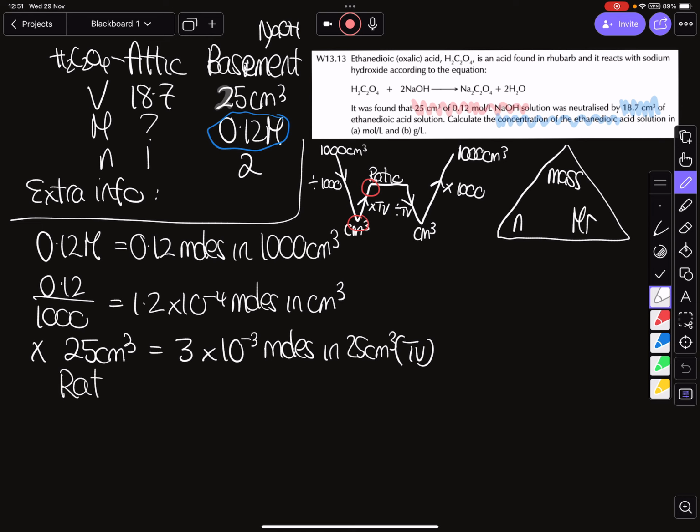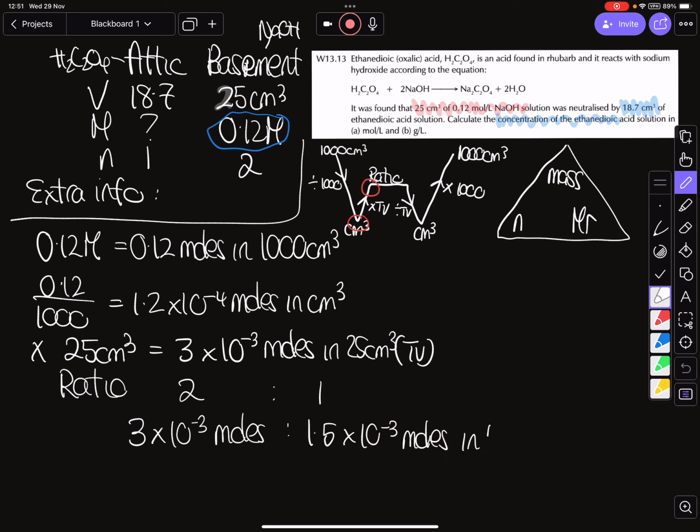At this point, I need to use my ratio. The ratio I'm interested in is a 2:1, and the two equivalents are worth 3 by 10 to the minus 3 moles, so I obviously have to divide that by 2 to give me 1.5 by 10 to the minus 3 moles. And this is in the 18.7 centimeters cubed. Again, that's our other tighter volume.